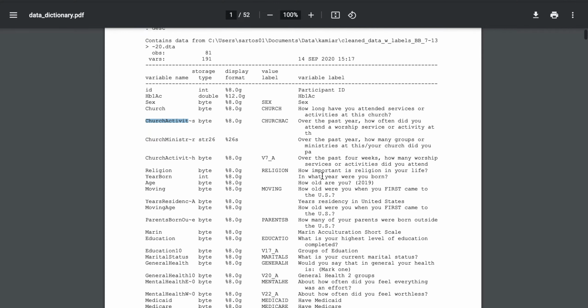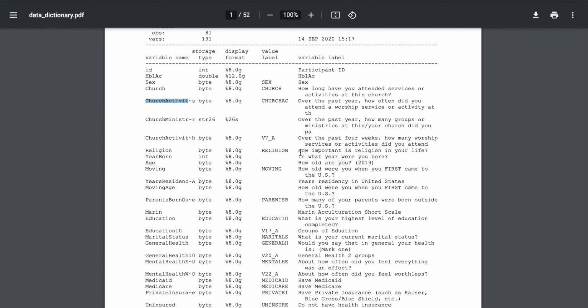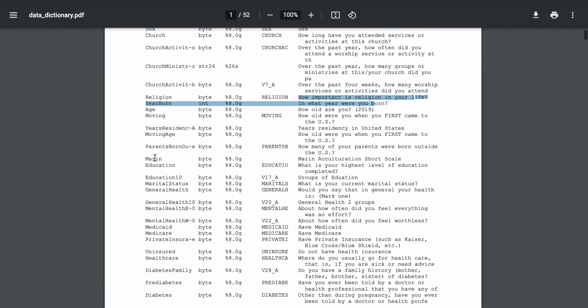But let's look at more. Religion, how important religion is in your life, year born, age, and there are some redundancies. For example, year born and how old are you. These two are what we would call this vector and this vector, and they are going to be pointing in the same direction.